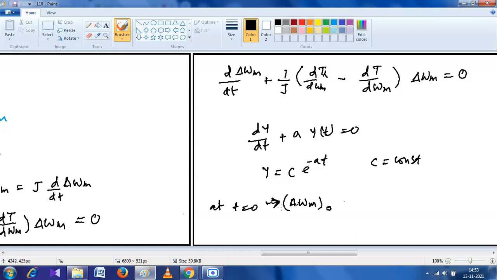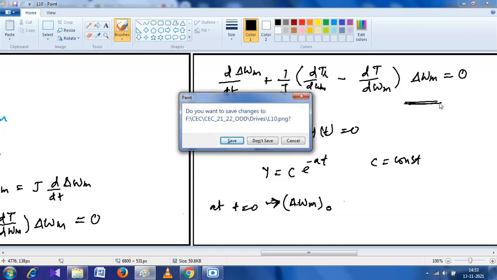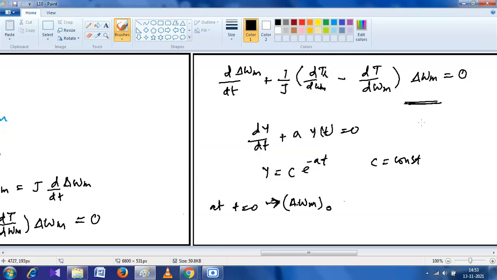Consider that. Then tell me the solution of the above equation. Compare these two equations. The above equation is also a first order equation. So tell me the solution of the above equation by comparing it with that equation.